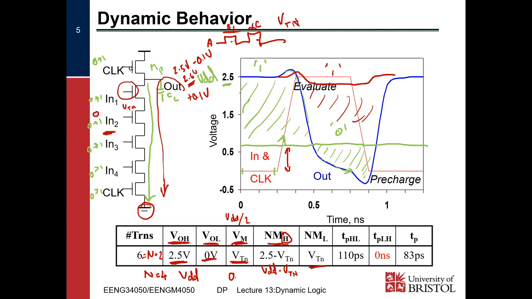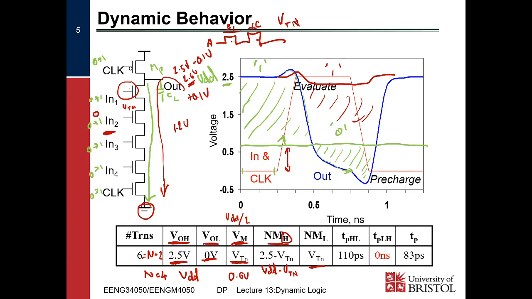If we say maybe VTN is 0.6 volts, it can even go all the way down to 1.2 volts if it likes, and we'd still be getting a high because our midpoint is so low. And so it's actually beneficial to us that we've got a big noise margin high and a small noise margin low. So that's our voltage characteristics.